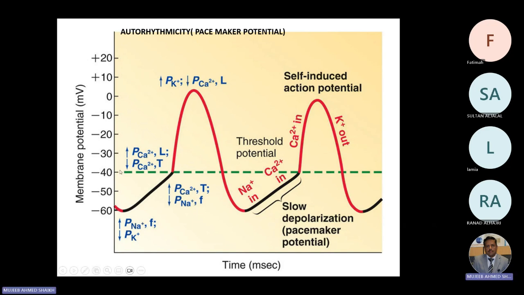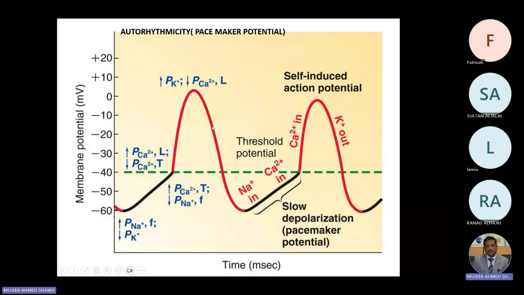Once it reaches -40, the positive ions come in, and it will reach up to 0 potential and cross the 0 line, maybe overshoot to the plus side. At this point, the calcium channels will close and potassium channels will open.